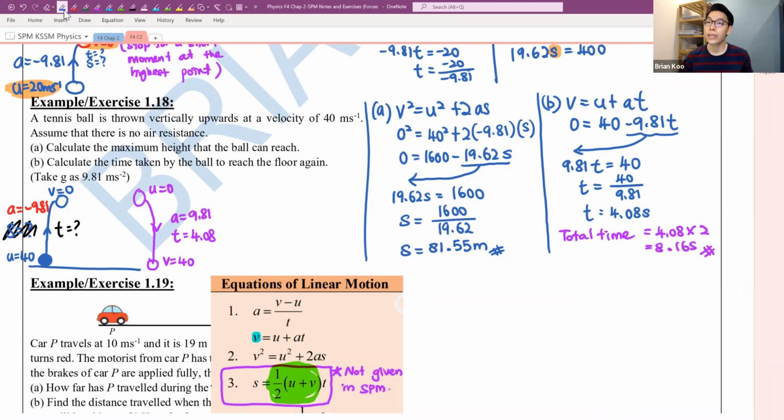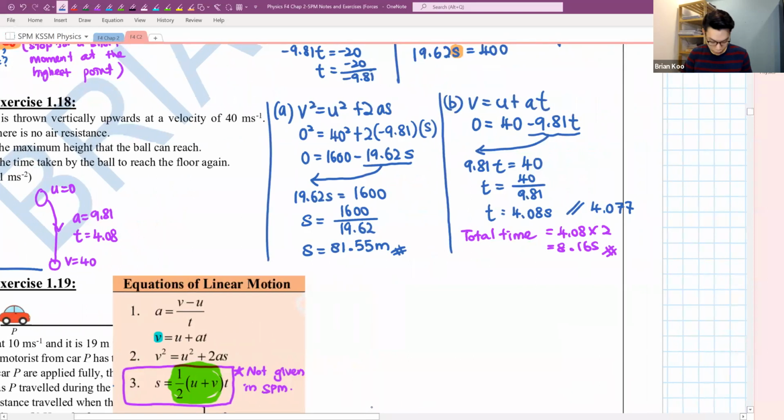If you write a bit more decimal points, then your answer may be a bit different. Okay, if earlier you wrote 4.077, then when you times 2 the time, it will become 8.154.